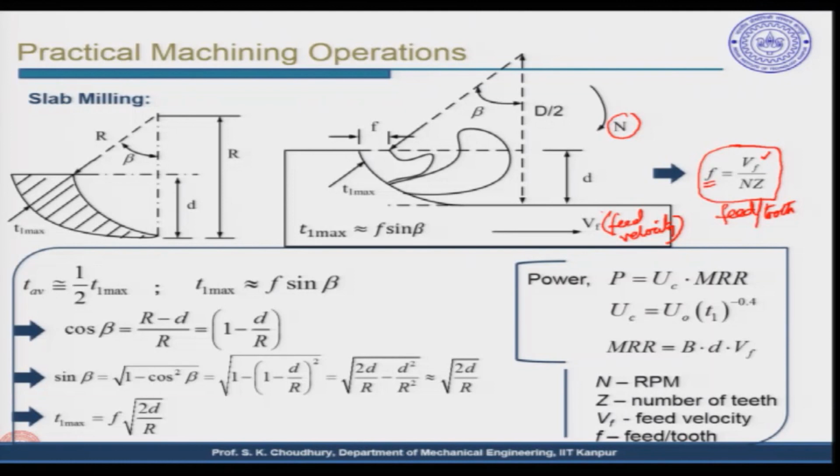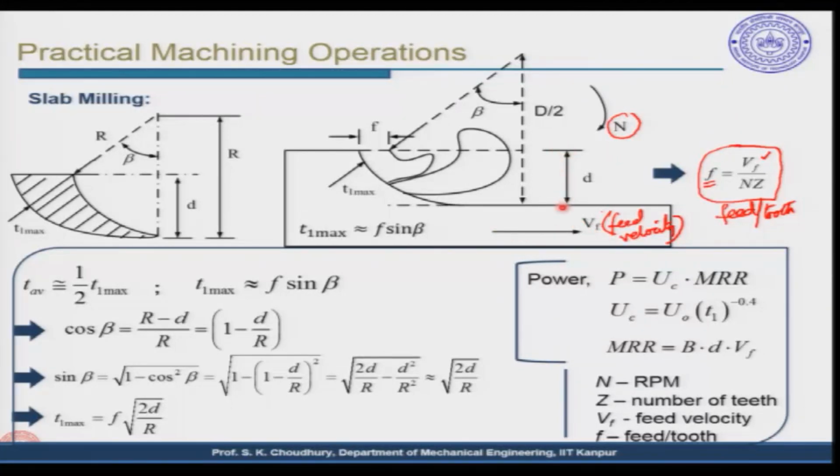Now, suppose you take this line diagram, and this is one of the teeth of the milling cutter. This much is the chip which is removed by one tooth, when the milling cutter is rotating at an RPM of n and the feed velocity is V_f.